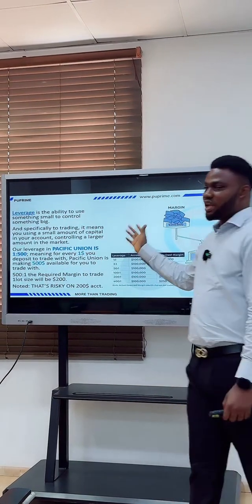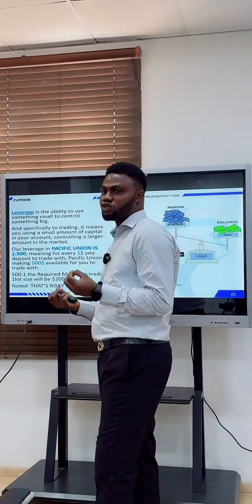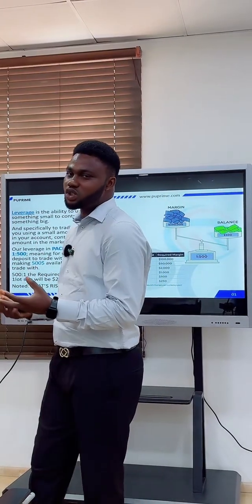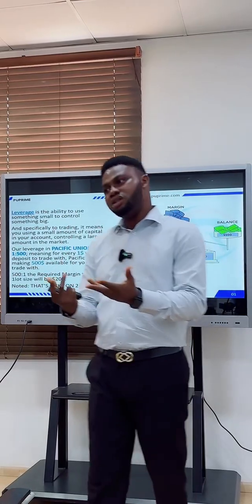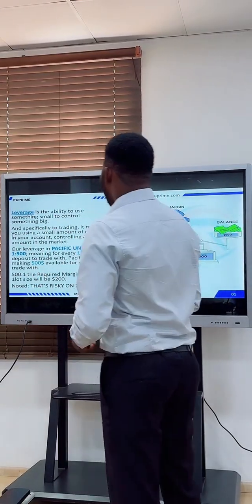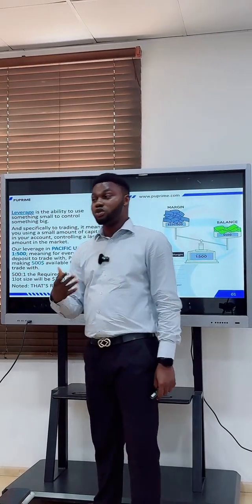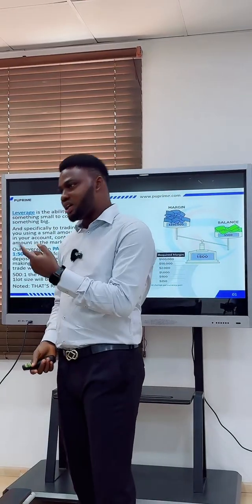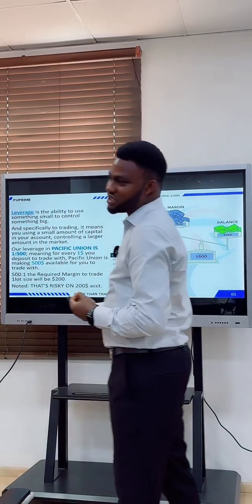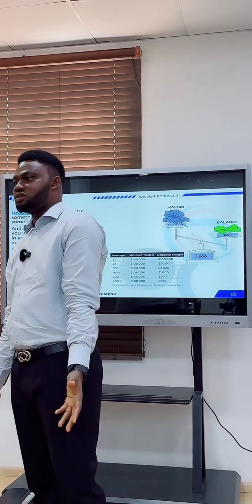So leverage basically means the ability to use something small to control something big. This is where a brokerage firm like PU Prime, for example, comes in. In PU Prime, our leverage is presently 1:1,000. What it simply means is that for every $1 that you are bringing to the market, we are multiplying it by 1,000.